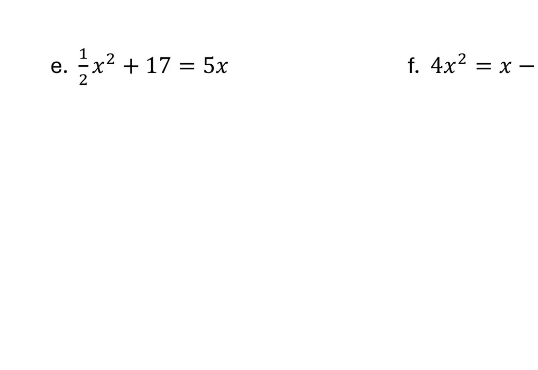The first thing I'm going to do is I am going to multiply this whole equation by 2. If we do this, if we multiply 1/2 times 2, I get x squared. If I multiply 17 times 2, I get 34. And if I multiply 5x times 2, I get 10x.